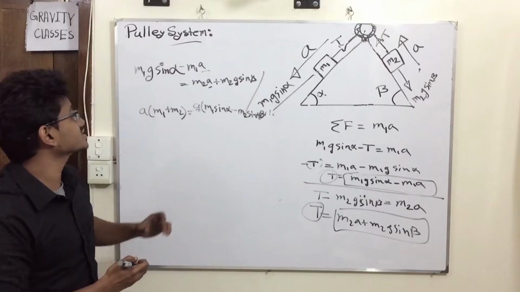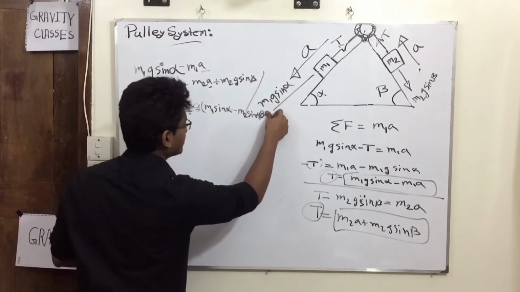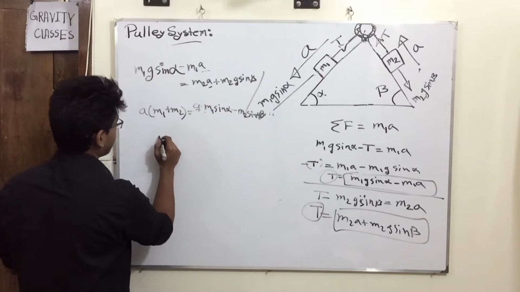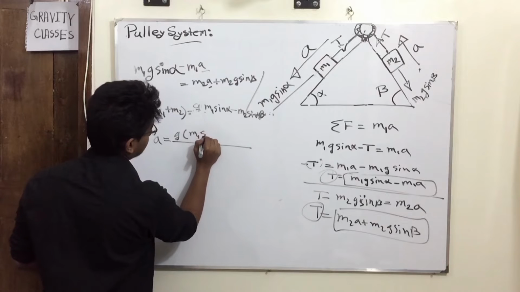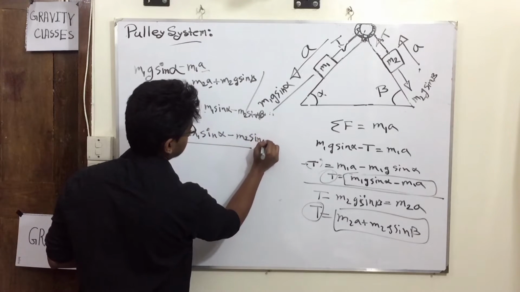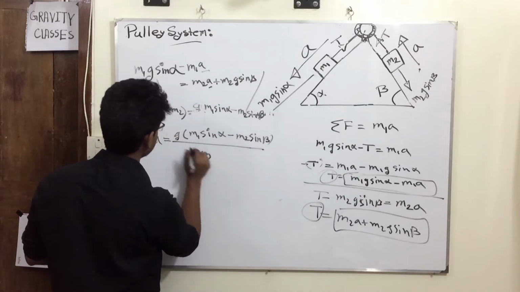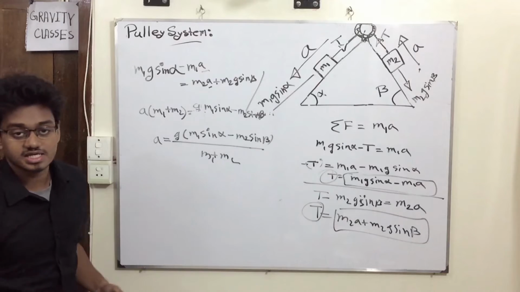Okay, you'll have to excuse my handwriting. It's not very good. Just understand what I'm saying. Okay. So you get that, and if we extract the value of A from here, we get G M1 sine alpha minus M2 sine beta. Okay, and we send M1 plus M2 in here. So we get this. This is our final equation.